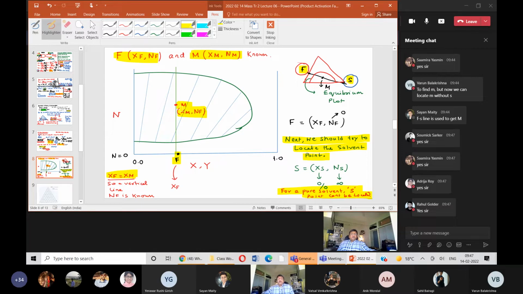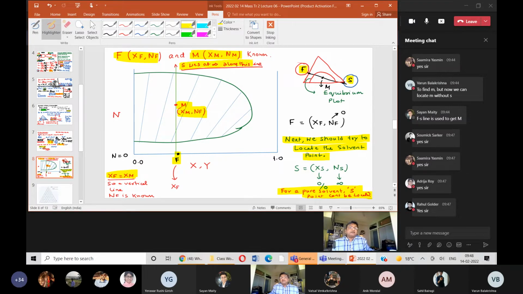So, of course, what is the implication? The implication is we are not locating the point S. The point S lies at infinity along this line. But infinity cannot be plotted, so we are unable to plot it.